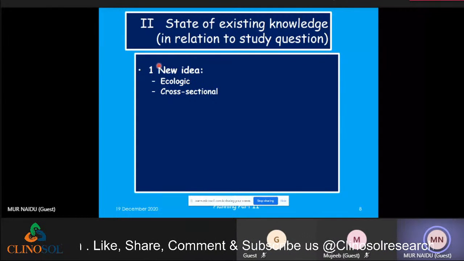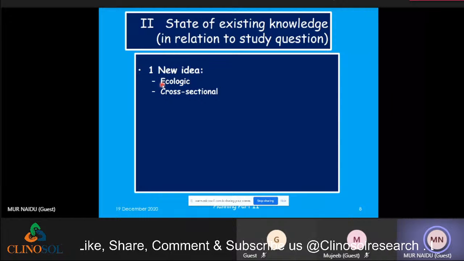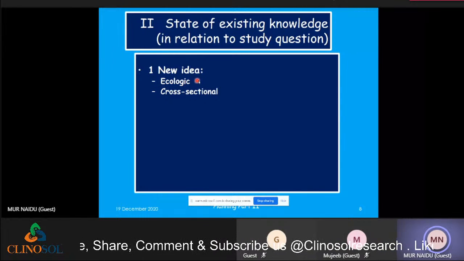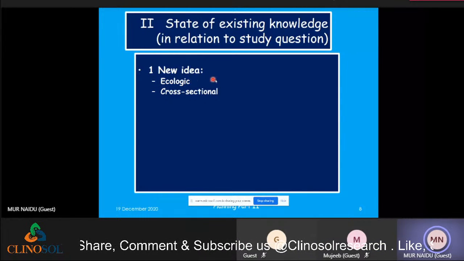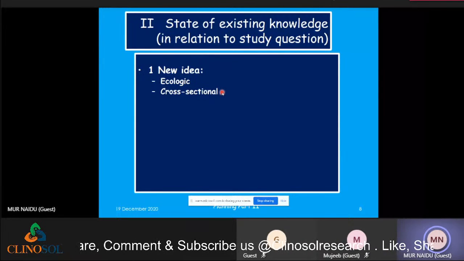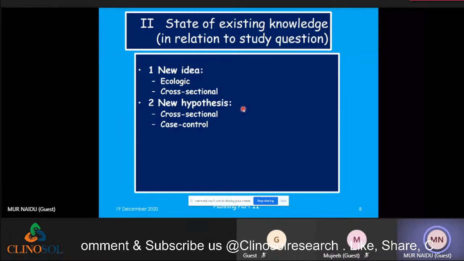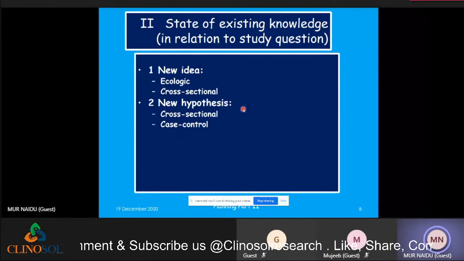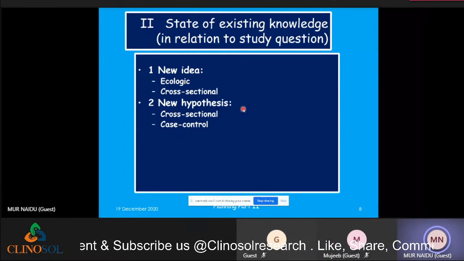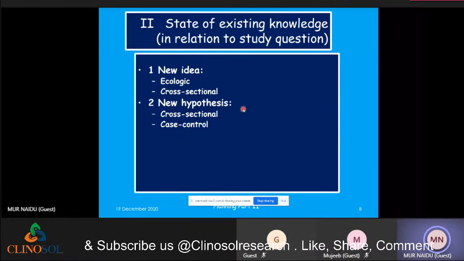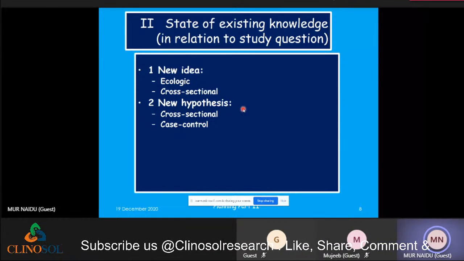When it is purely a new idea, then the type of question and knowledge you have to look at is ecological or cross-sectional. Second, it is a purely new hypothesis. First time you are thinking that if I do a particular type of intervention in a particular disease, there will be improvement.